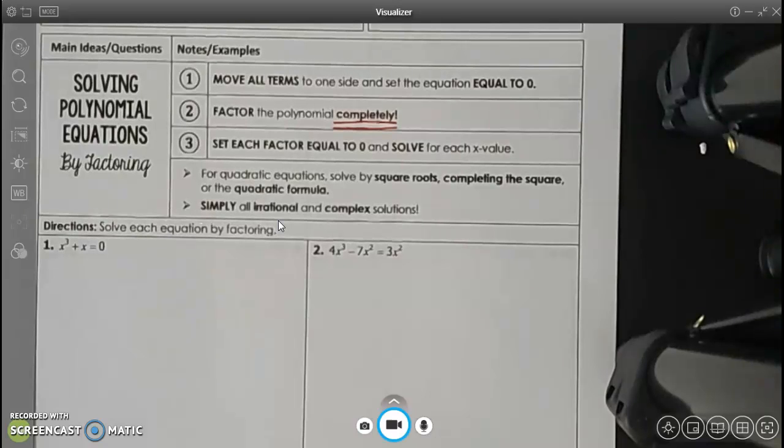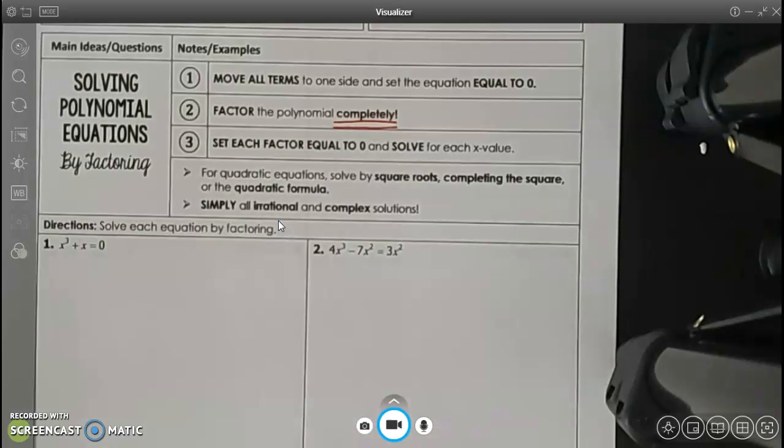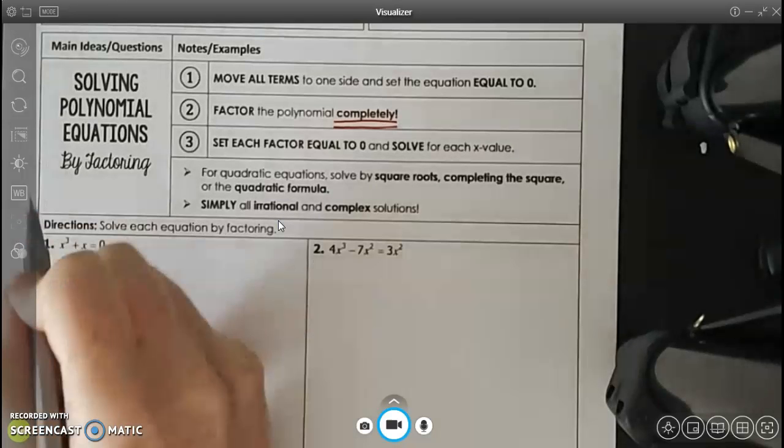The first thing we're going to do here is notice we have x cubed and x, so we have a GCF of x. So if we factor out x, we're left with x squared plus 1 equals 0.